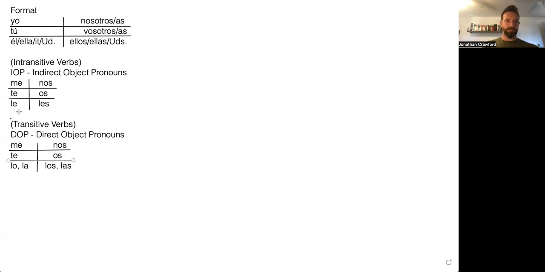But you'll notice that in the third person, él, ella, it, if the thing that you're referring to is an object, or usted, even though that's technically the second person, it has the same conjugations as the third person. And then ellos and ellas and ustedes. So in these two bottom sections, for intransitive verbs, indirect object pronouns, we have le and les. And then for direct object pronouns, we have lo, la, los, las.